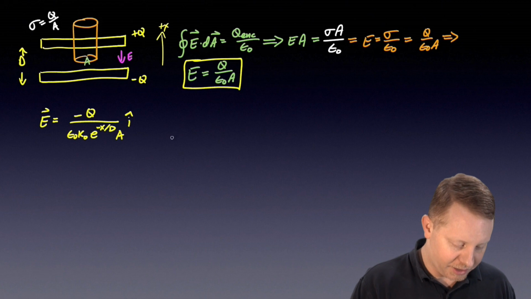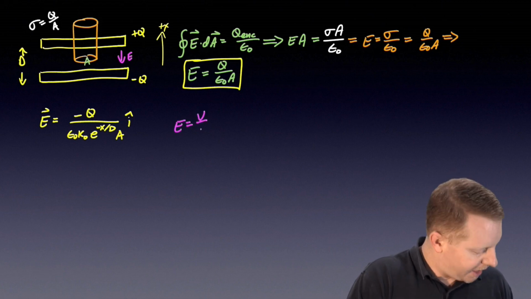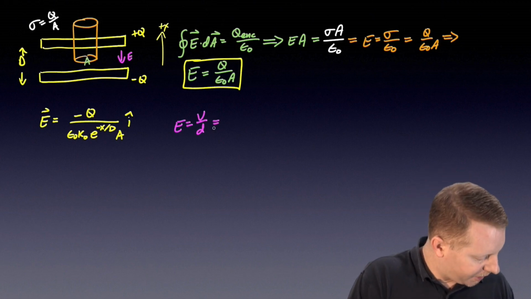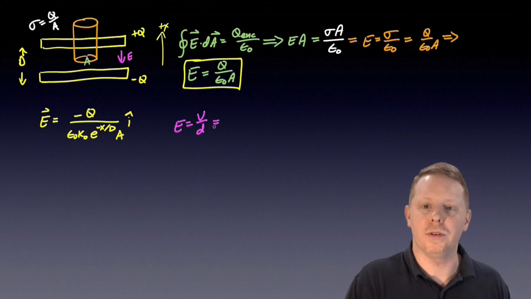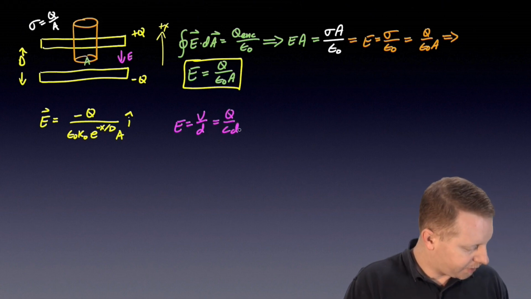So when I did this, I started out by looking at the electric field between two parallel plates as V over d. If that's the case, V is Q over C for a capacitor, so that will be Q over C d.